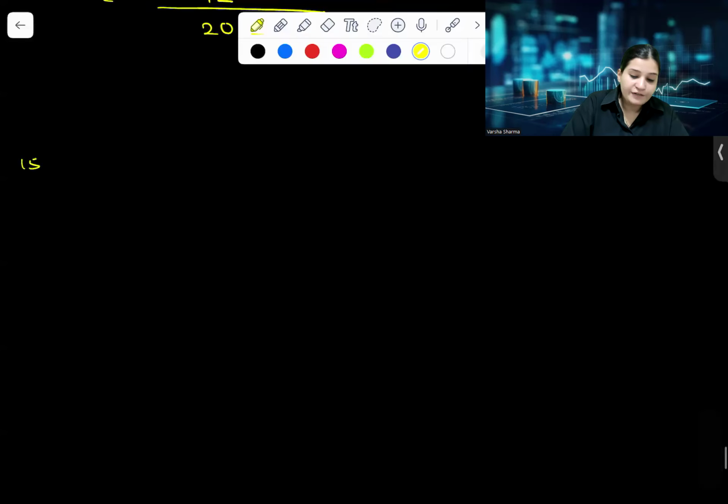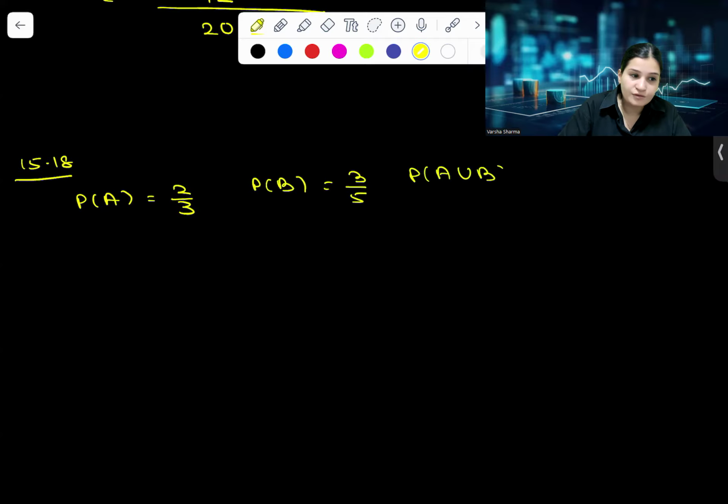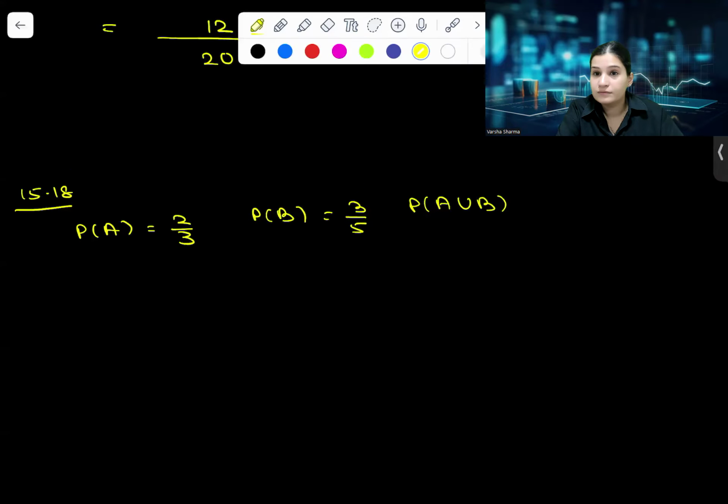Now, 15.18, if you read the question, we have no choice but to apply the formula. So, it says probability of A is 2 by 3, probability of B is 3 by 5, probability of A union B is 5 by 6.